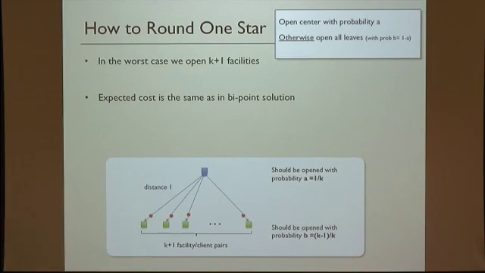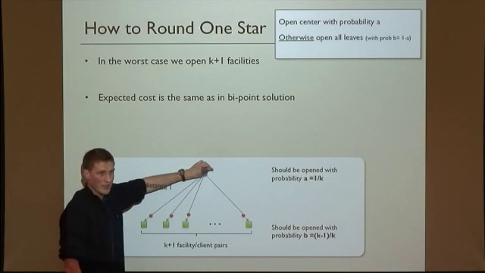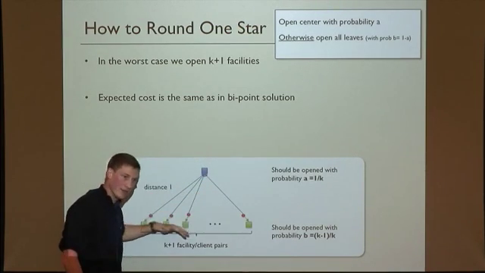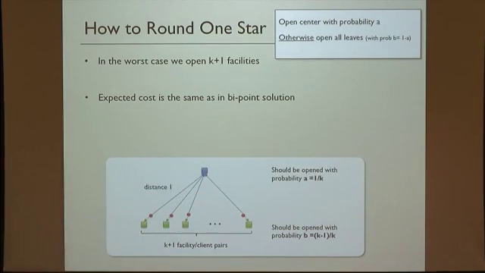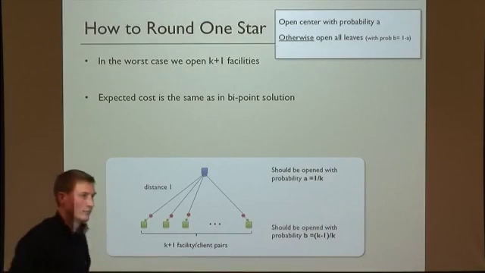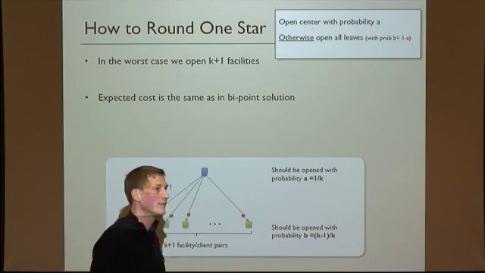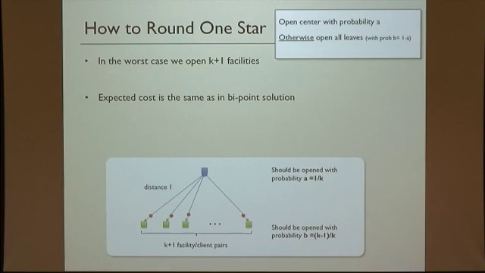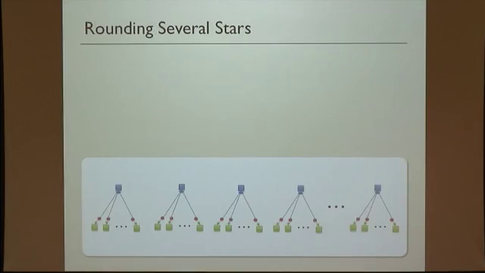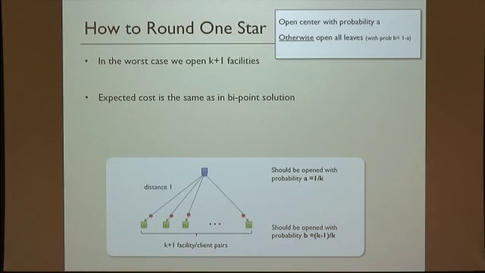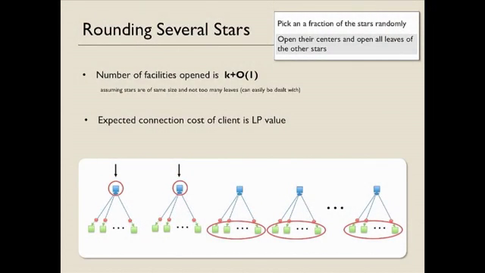If you have way too many leaves, what you would do is always open the center, and then open a B fraction of the leaves. Ideally, you could do the same thing as the previous papers, where you had two solutions, one more and one less, and you pay basically the same as the LP or twice the LP. I think one can improve it. So we start by losing a factor of 2 to get this kind of structure. So how would you round several stars?